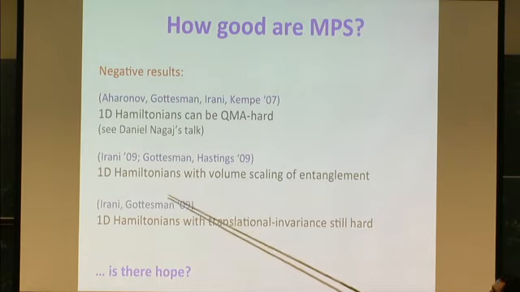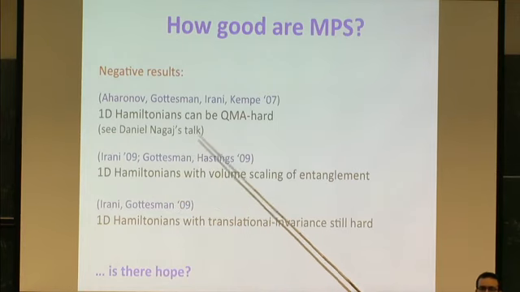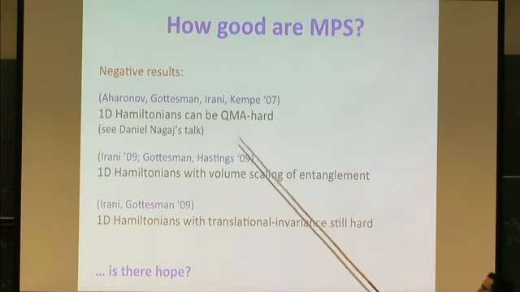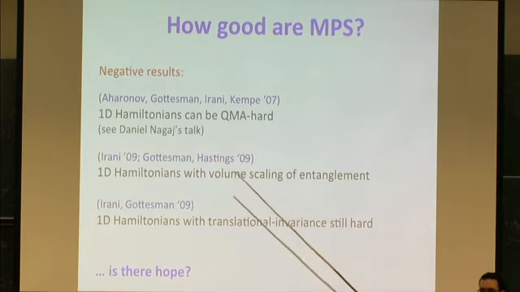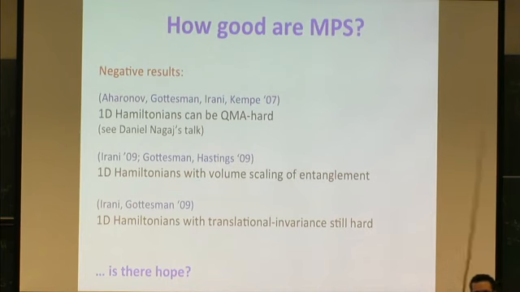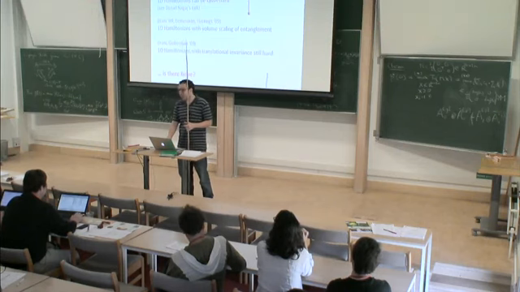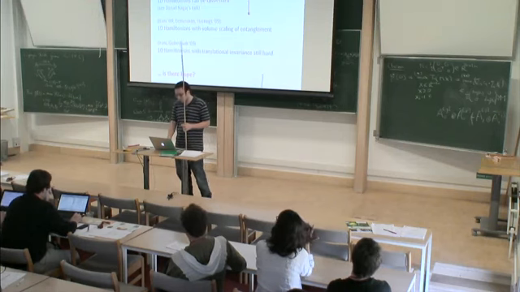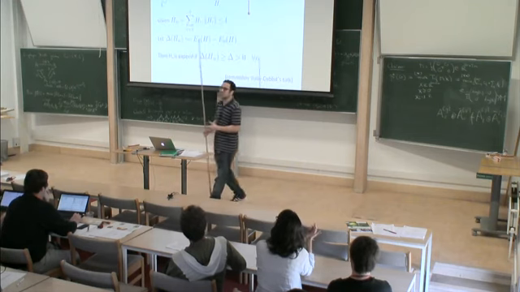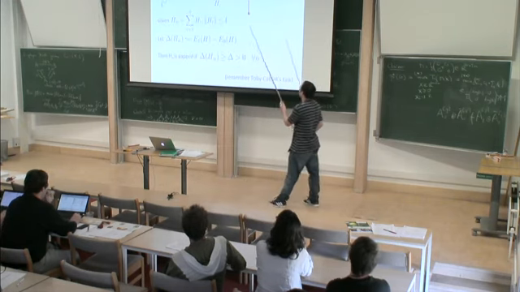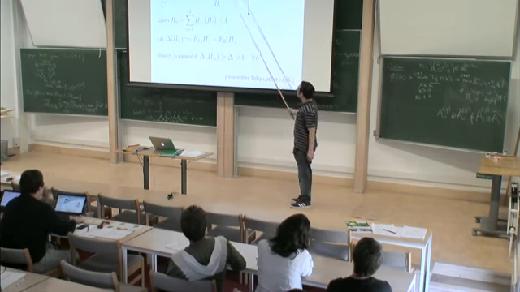More to the point, you can just construct models for which the ground state doesn't have a good MPS description. There is volume scaling of entanglement, and then the MPS will do a bad job. So in general, there is no hope that they can approximate any one-dimensional model. But there is still hope because there is a very interesting class of models for which they actually do a good job, and it's these gapped models.